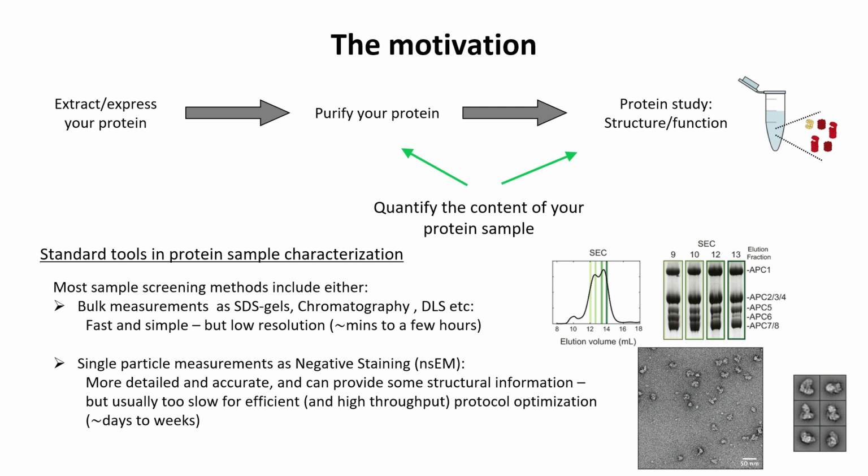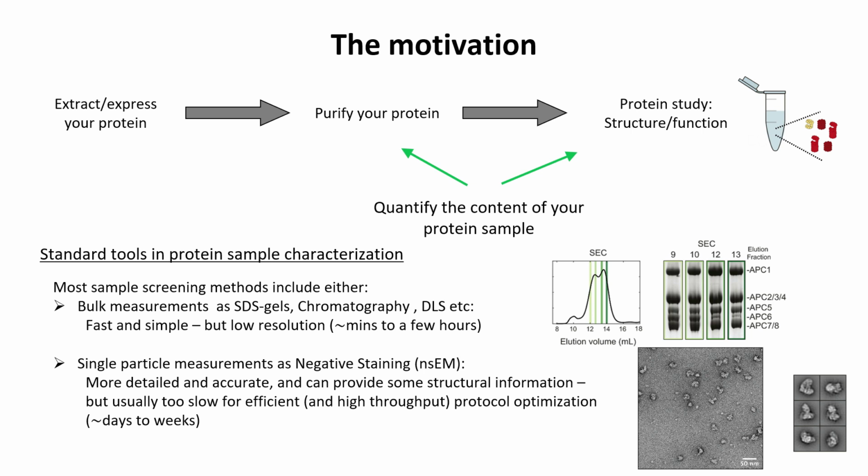If we look at the standard tools in protein sample characterization, we can roughly divide them into two types. One is bulk measurement and the other is single particle measurement. Examples of bulk measurements are SDS gels, chromatography, and DLS, where all those techniques are usually quite fast and simple, and they have the advantage of being available in most biochemical labs.